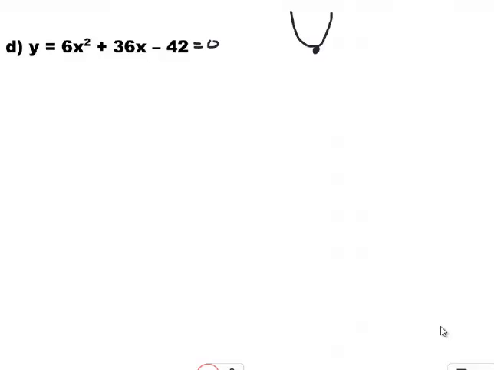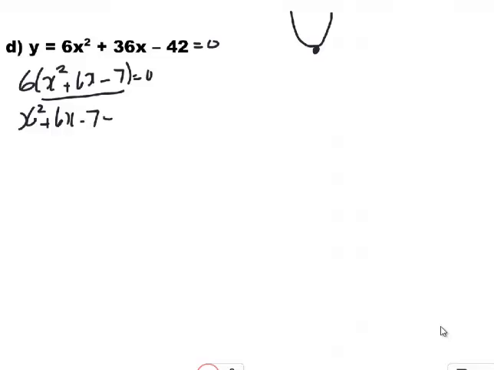I factor 6 out. I get x squared plus 6x minus 7 is equal to 0. 6 cannot be 0, so x squared plus 6x minus 7 has to be 0.